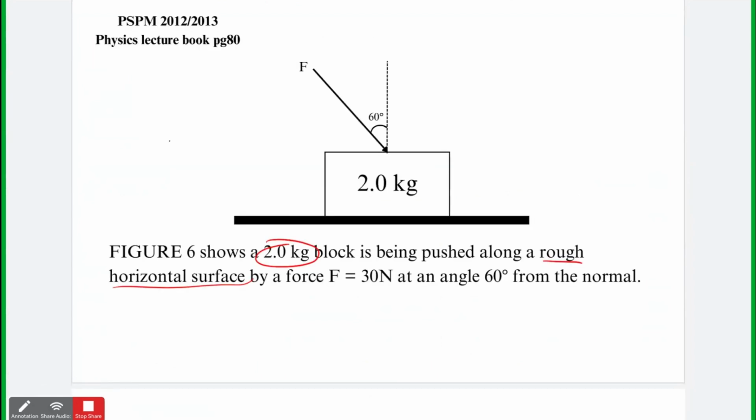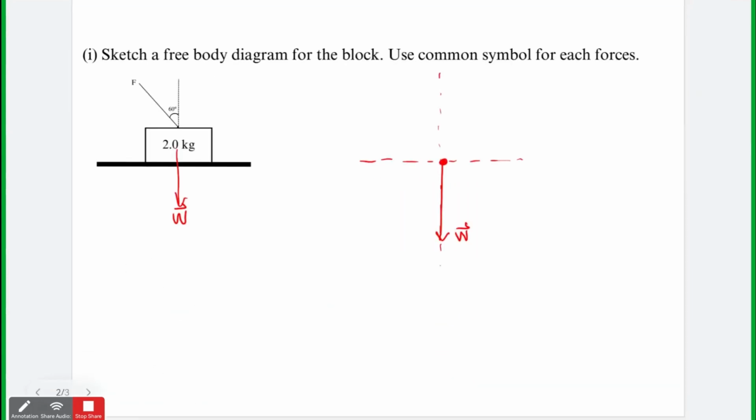Next, after we know there is a weight, the question told us that the block is placed on a horizontal surface, so there is always a reaction force, which is N, that is always perpendicular to the surface. You can draw like this.